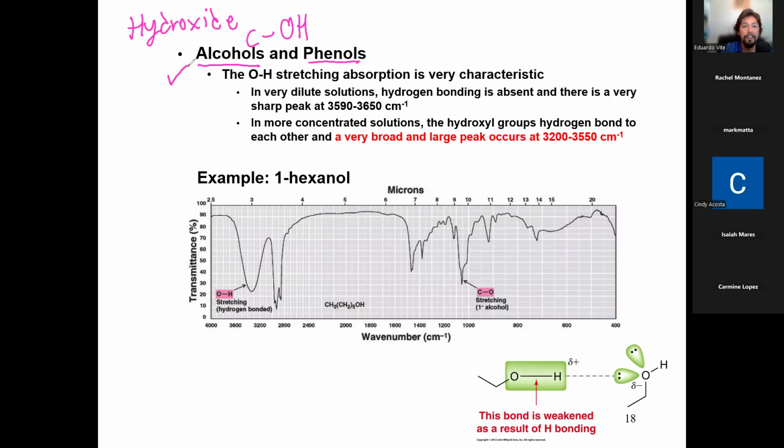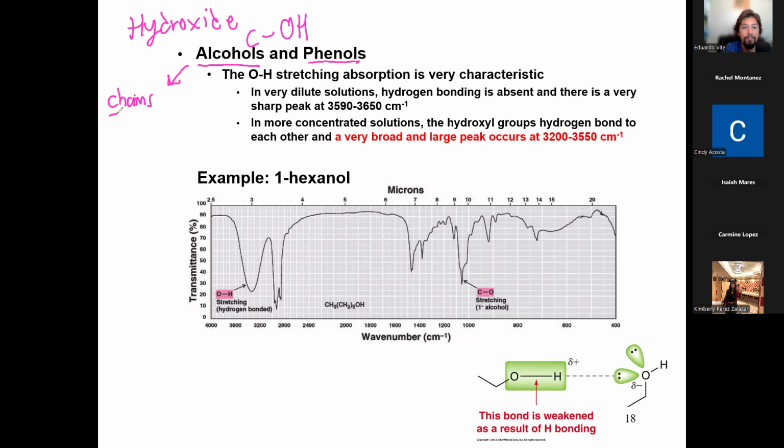Alcohols happen in chains, whereas phenols happen in aromatic rings. Okay, so you might see a benzene ring with an OH, like this. This is a phenol.